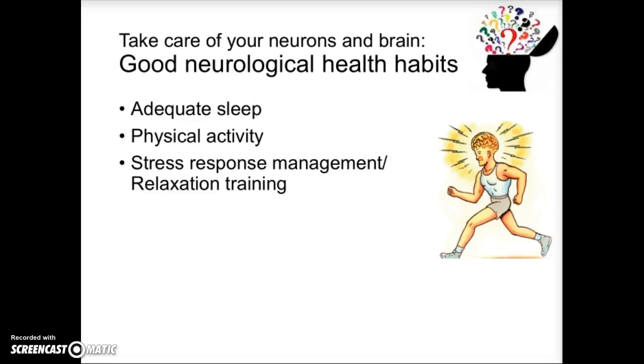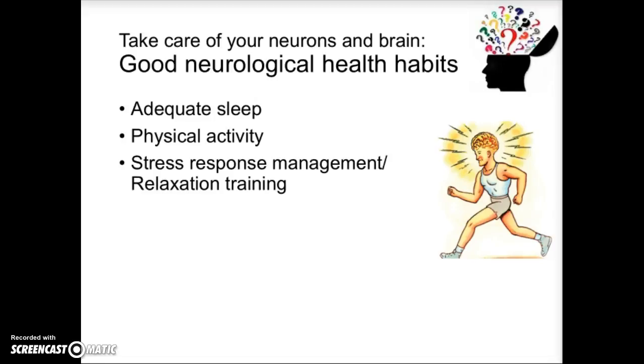As you'll learn later on in the semester when we do the chapter on stress, which is Chapter 13, stress is very damaging to the brain, and in particular, it inhibits neurogenesis in the hippocampus, which is a really important brain structure for learning and memory.